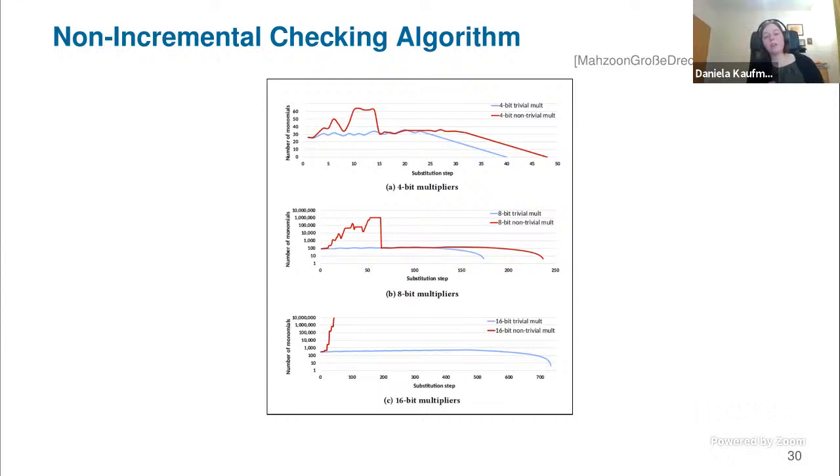So that's why we cannot use this reduction algorithm out of the box. That's where we and also the other groups are now working, to find ways to overcome this issue of the large increase of the monomials. And I now want to show you my approach to overcome this issue.